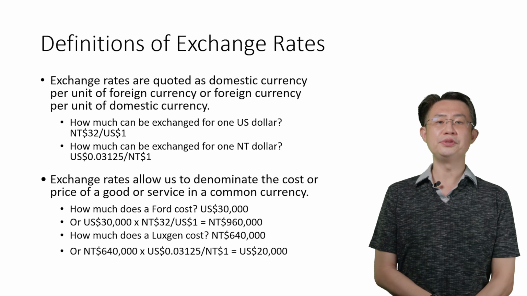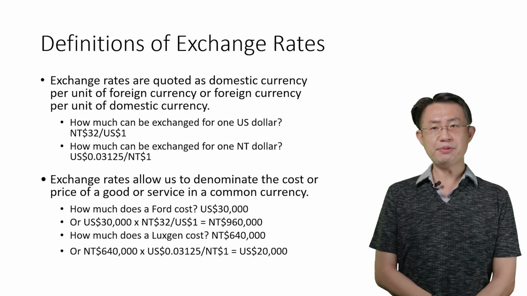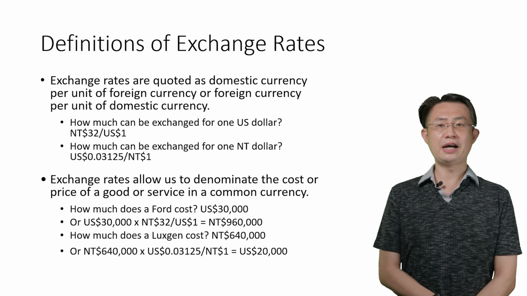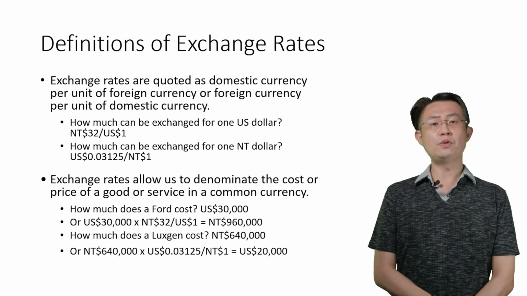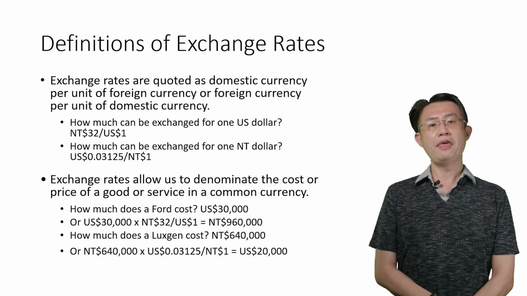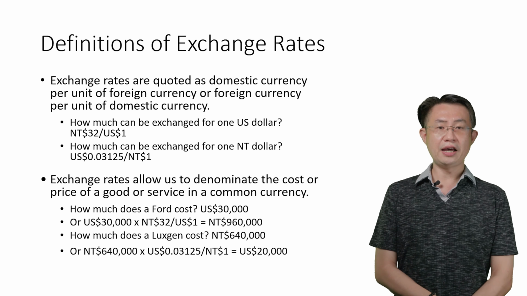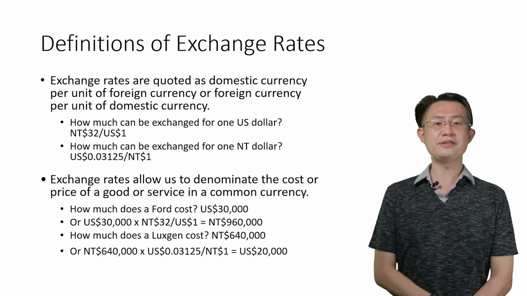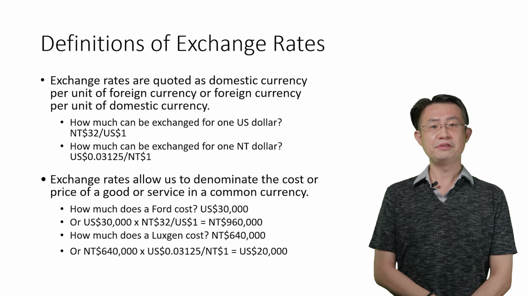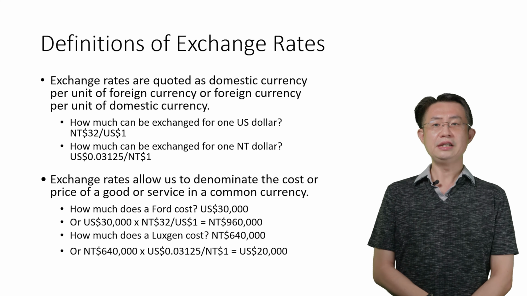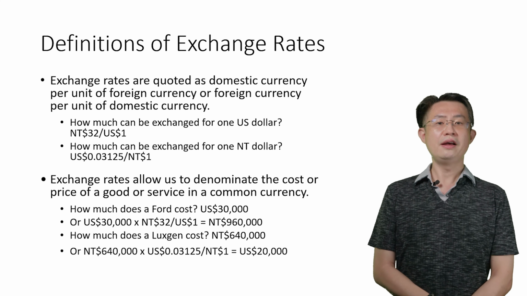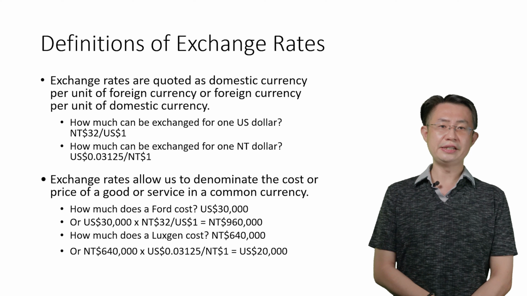So here we have to use the exchange rate to help us to denominate the price of the SUV in terms of Taiwan dollars, right? If today's exchange rate equals 32, we can use 30,000 US dollars times 32. That means we can measure the price of a Ford SUV in terms of NT dollars, right? So the Ford SUV should sell at the price of 960,000 NT dollars, right?